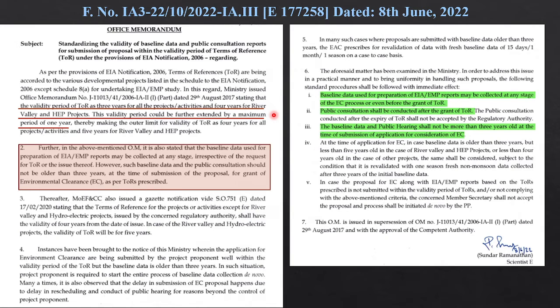In the earlier notification, it is mentioned that the baseline data used for the preparation of the EIA-EMP report may be collected at any stage, irrespective of the request of TOR or issue thereof. However, such baseline data and the public consultation should not be older than 3 years at the time of submission of the proposal for grant of EC as per the TOR prescribed.